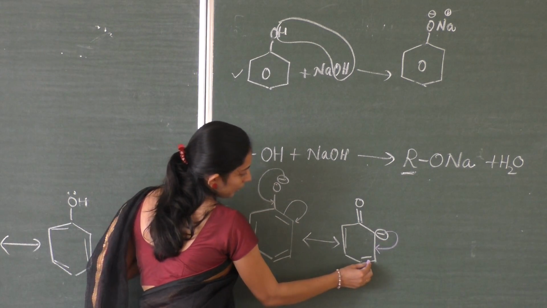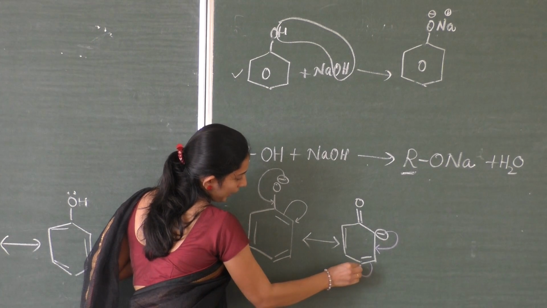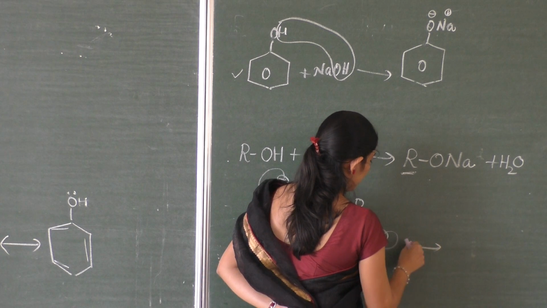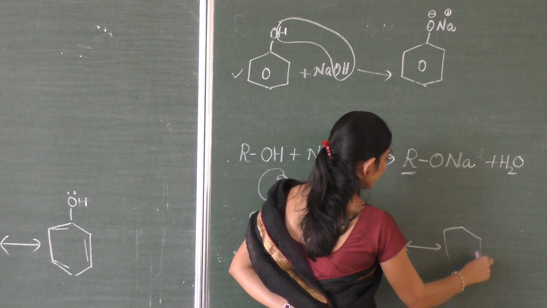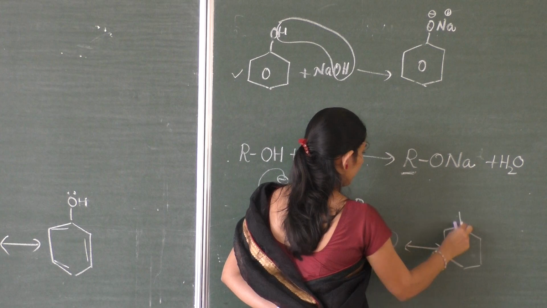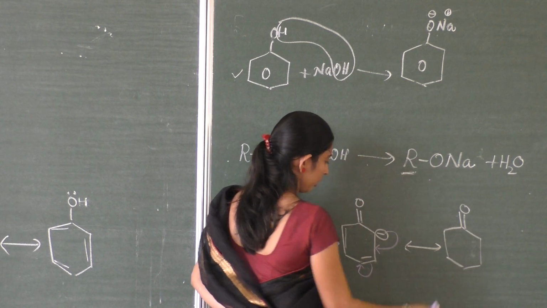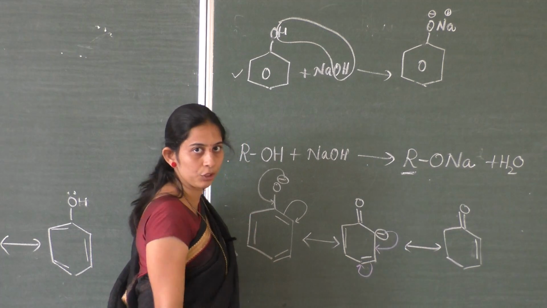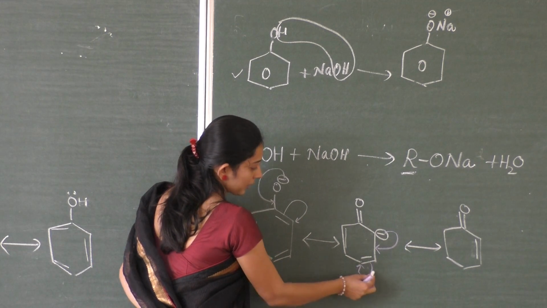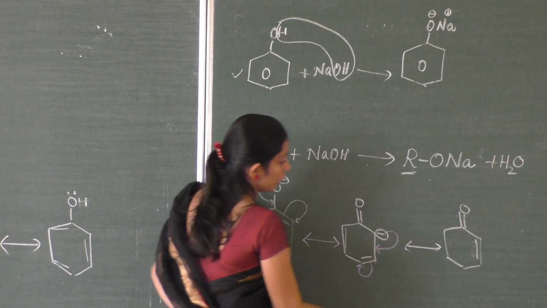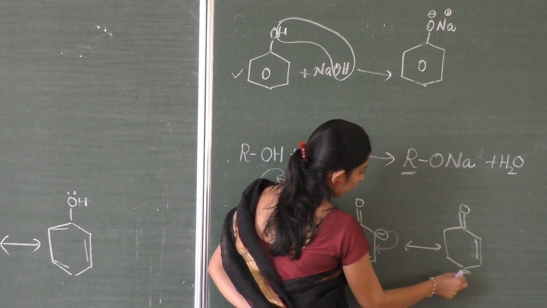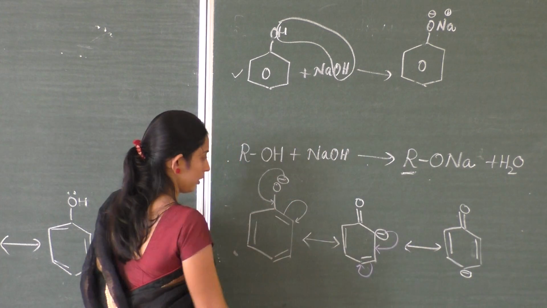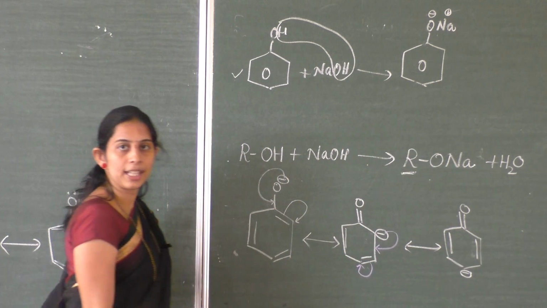At that time the double bond will shift to the next position. So we get another structure where there is a double bond to O, and here it is a double bond because of the negative charge shifting to the next position. So this double bond we shifted to the next position, and again the negative charge comes here. It is already there here, I wrote it as it is.